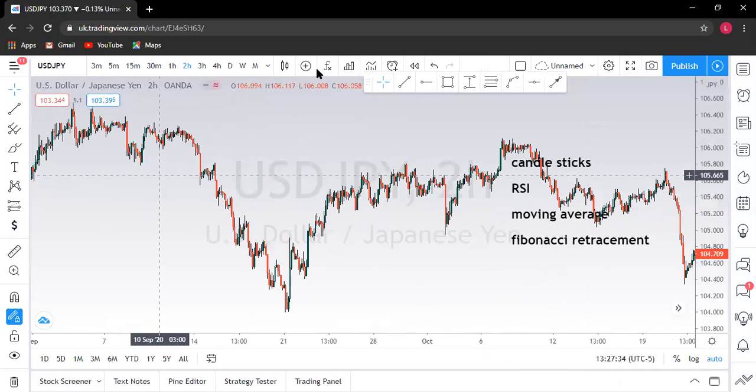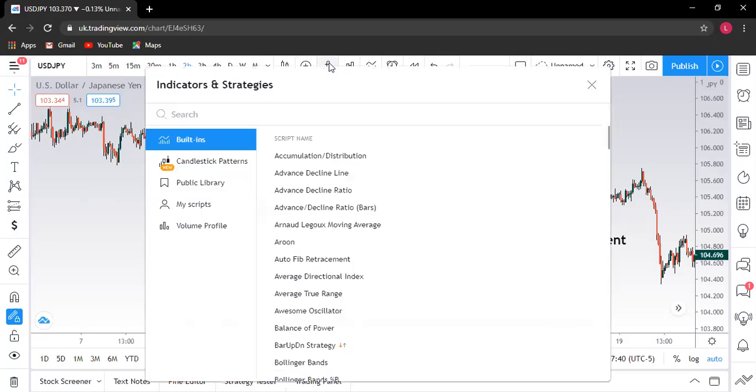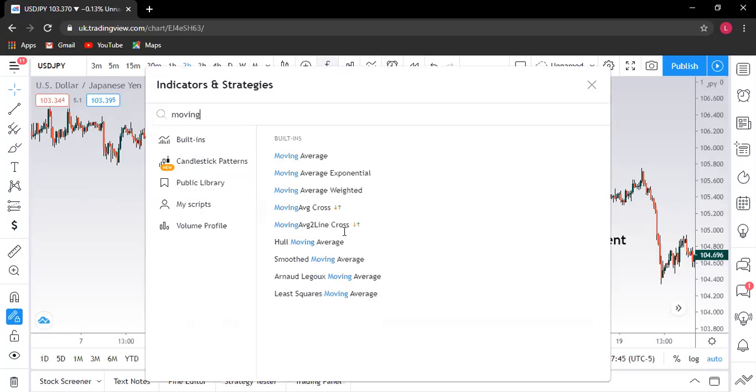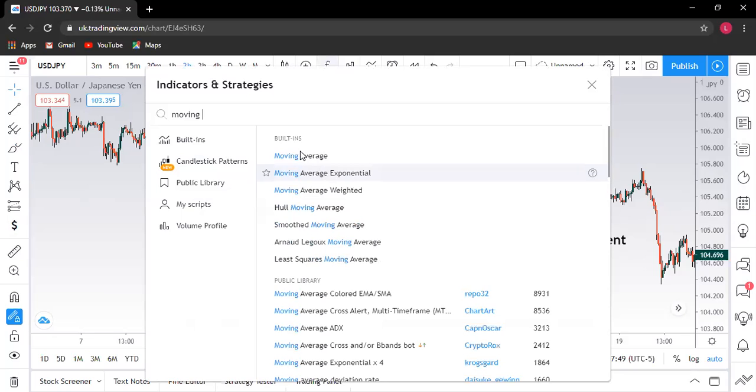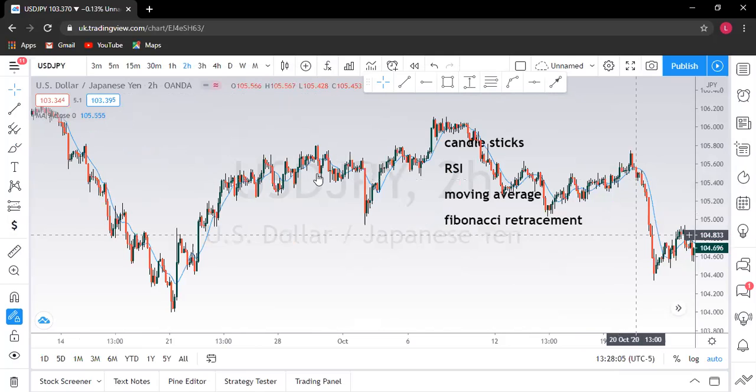So you come back to your indicator, then you type moving average. You can see moving average in exponential, but you make use of moving average. So you click on it. You remove this one. After clicking on it, can you see this blue line crossing my candlesticks? So it is a moving average.